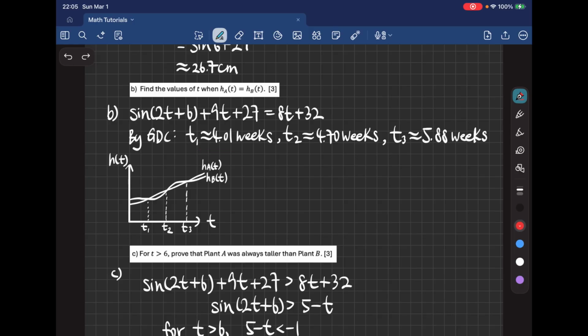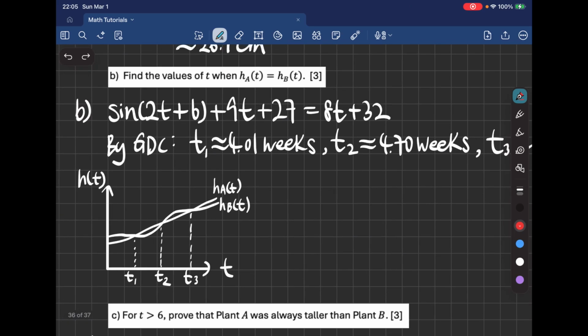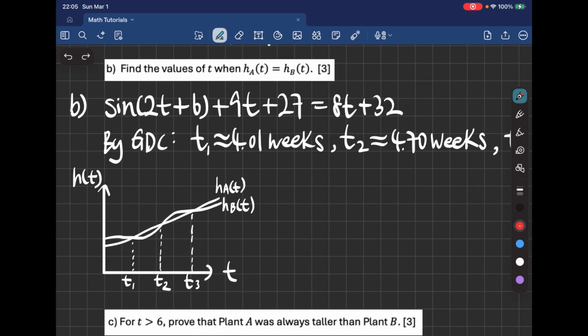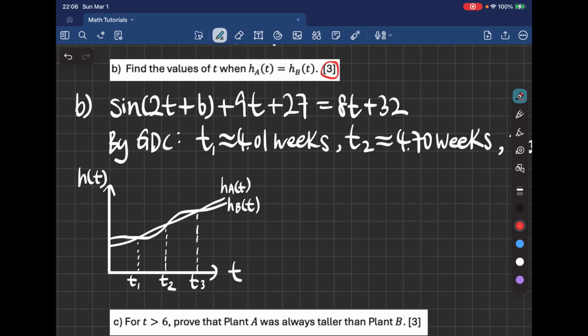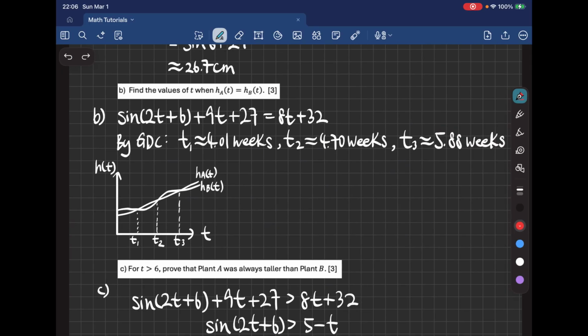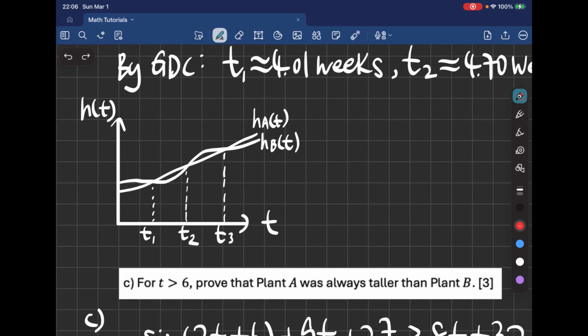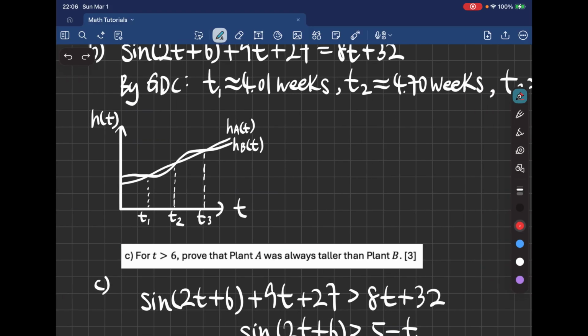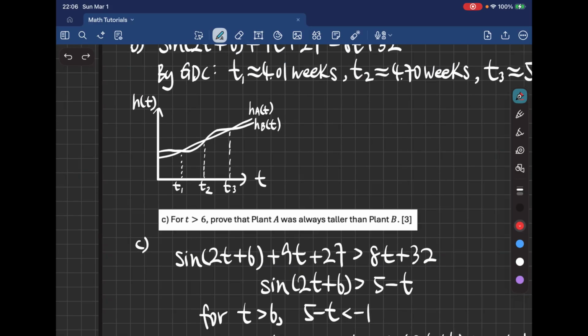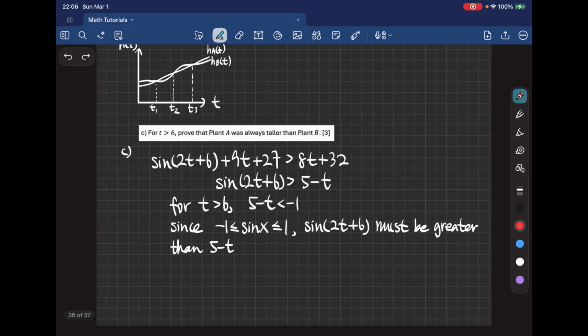At first, because these 3 values are really close to each other and difficult to see, it might be confusing to know how many intersections there are. I noticed that this question is worth 3 marks, so it's probably that there are 3 valid solutions. And here you just draw a little graph to show how it looks on the calculator after adjusting the window.